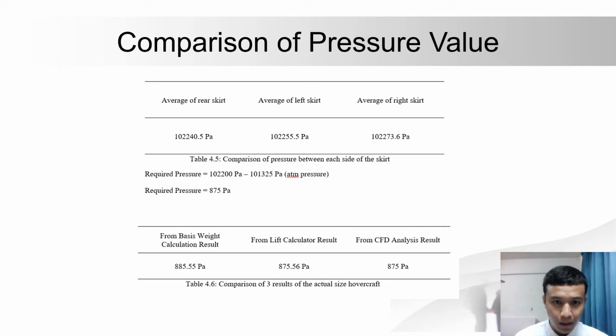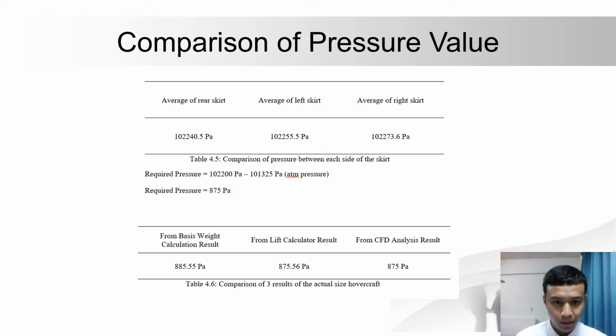This one is the average of the rear skirt, average of the left skirt, average of the right skirt pressure, and the required pressure, which is shown for the whole hovercraft. It is 102,200 PA for the overall pressure that happens in the skirt, and minus P ATM, then we get the required pressure of 870 PA.